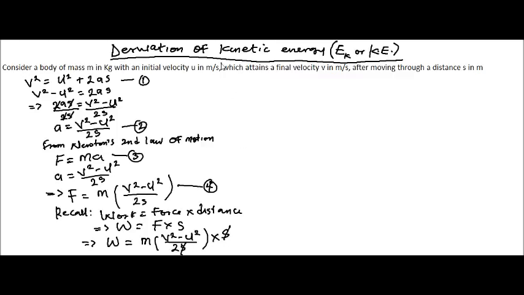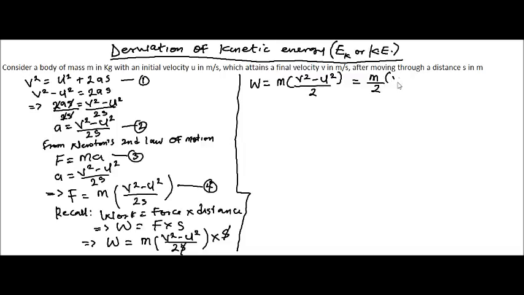Then we say W is equal to m into bracket v square minus u square, close bracket, over 2, which we can also write as m over 2 into bracket v square minus u square.